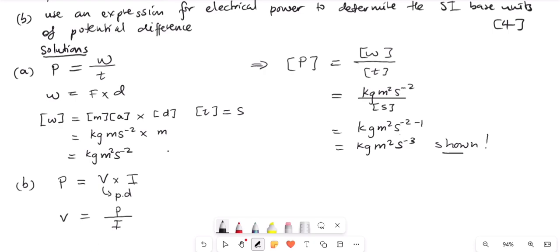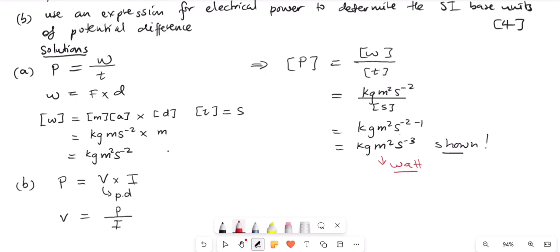Now we know the unit for power. Let me take you back to the previous one. This unit for power will always be watt, and that is the same unit we have for power in electricity, but the watt is derived from voltage and current.